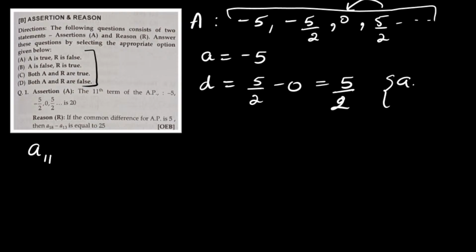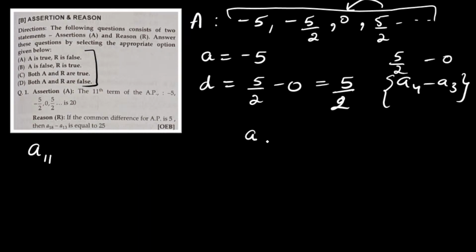A4 is 5 by 2 minus 0. If we subtract 0 from anything, it will be the same only. So the difference is 5 by 2. It's not 5, it's 5 by 2. Sushil, I hope you have understood what I have said here. Have you understood how to find the difference?